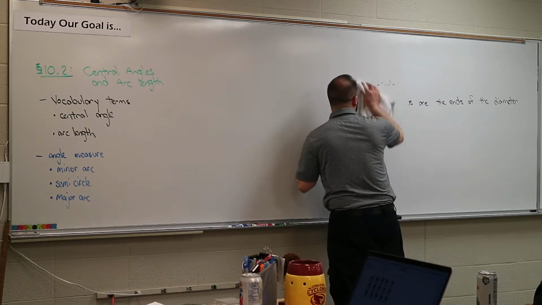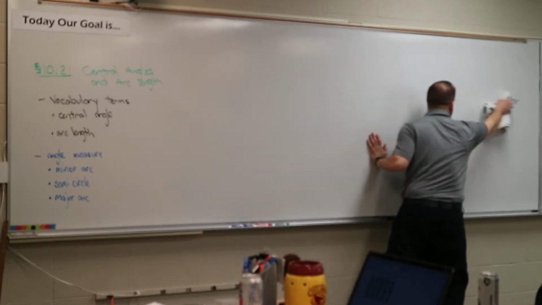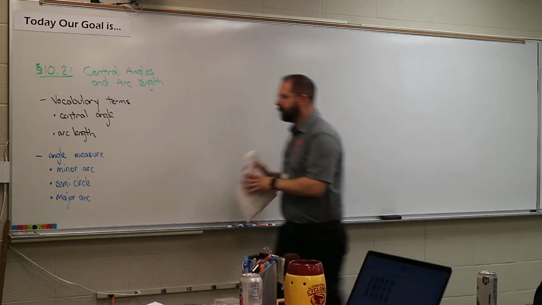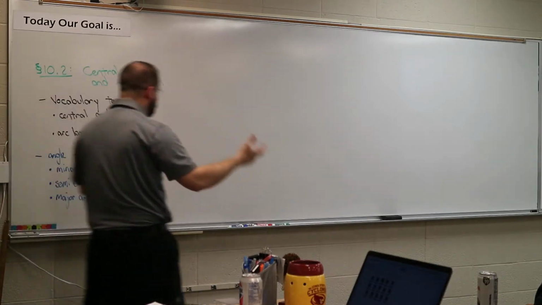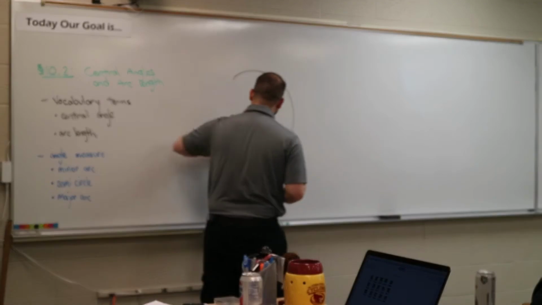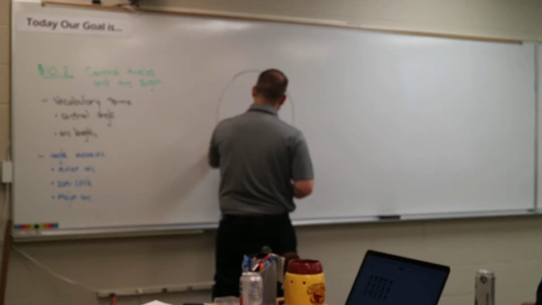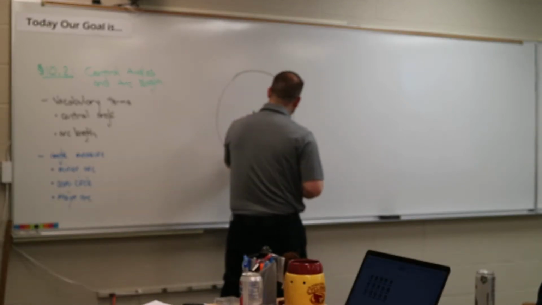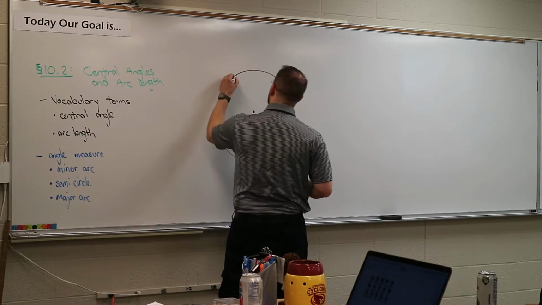One of the homework problems in your book that you're going to have to do is naming objects on circles. So don't be afraid of that. It's one of the examples I kept showing you the last couple days. Let's call this N. We can put points up here.